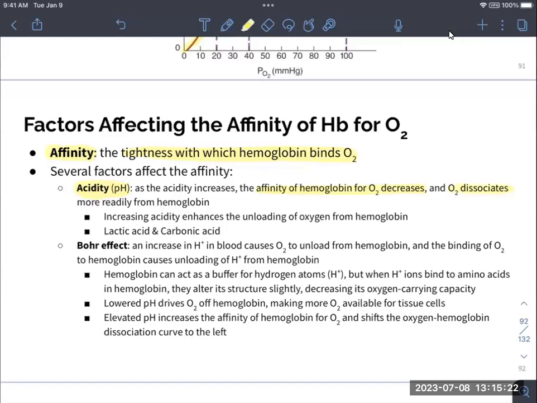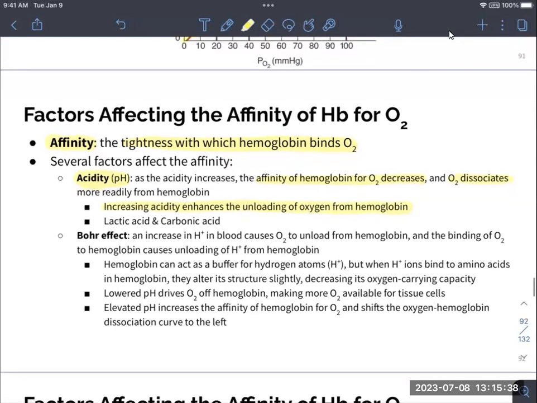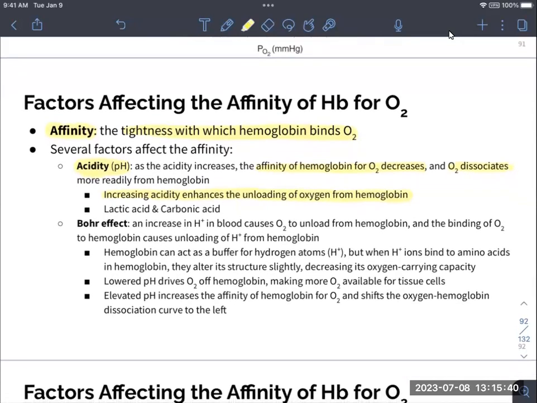When that affinity for hemoglobin is lower, oxygen detaches from hemoglobin a lot easier. The increased acidity enhances the unloading of oxygen from hemoglobin. This is known as the Bohr effect.